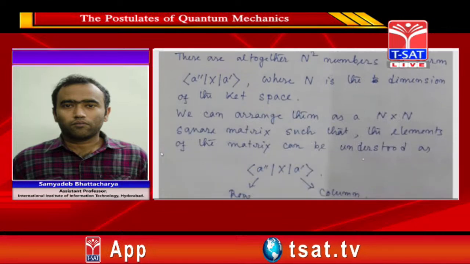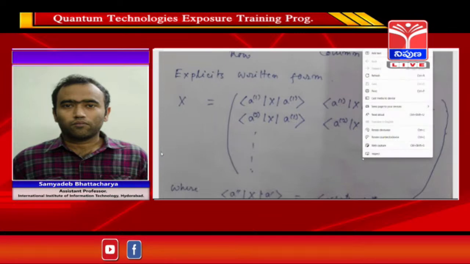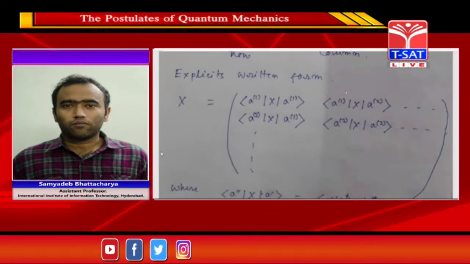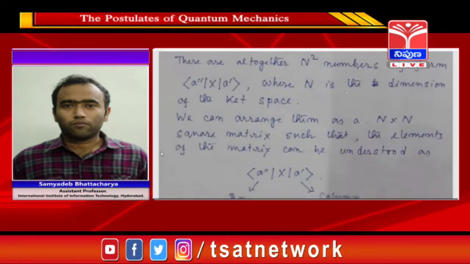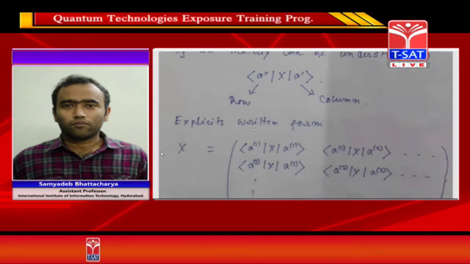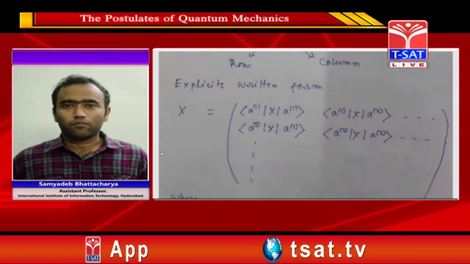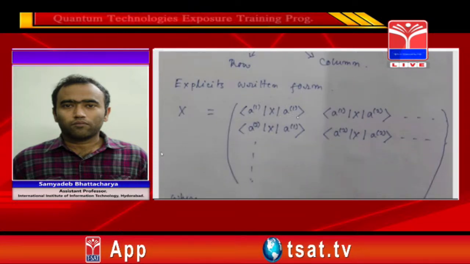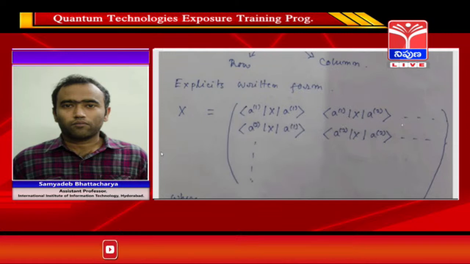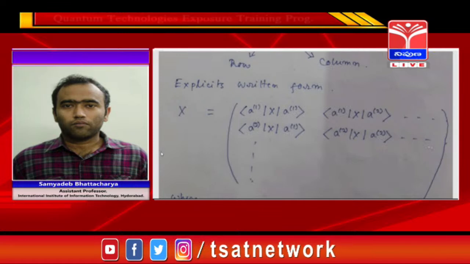So if we explain this in matrix form, how will it be? It will be like this. These are the elements: A1 X A1, then A2 X A2 and so on, and the conjugate elements A2 X A1 and so on.